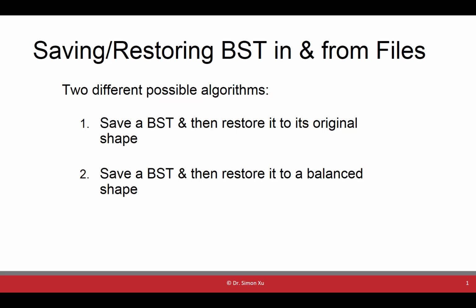For the first algorithm, we need to restore the binary search tree to its original shape, because the root node data should be the first data we read from a file. That means we need to store root node into the first data in the file too. The only traversal algorithm that can do that is pre-order traversal.